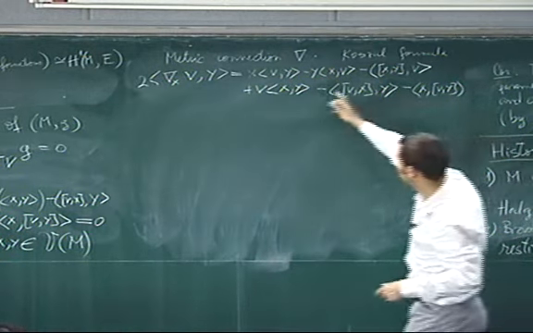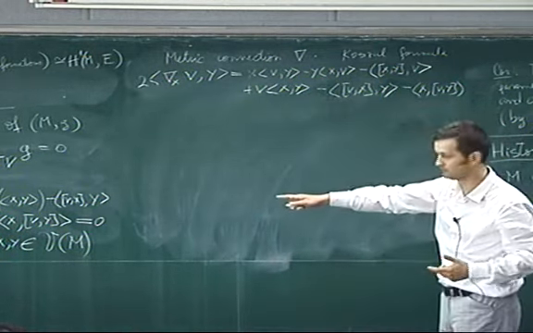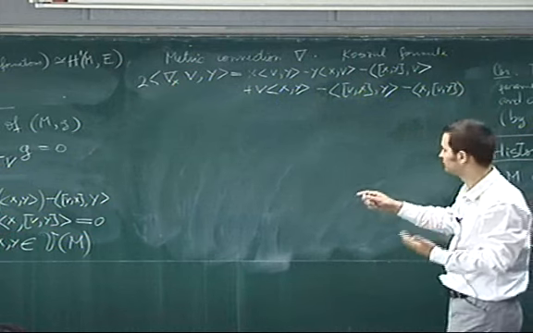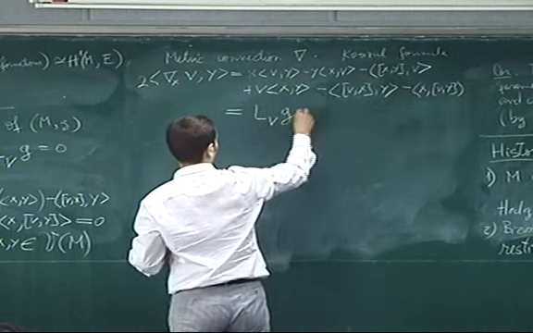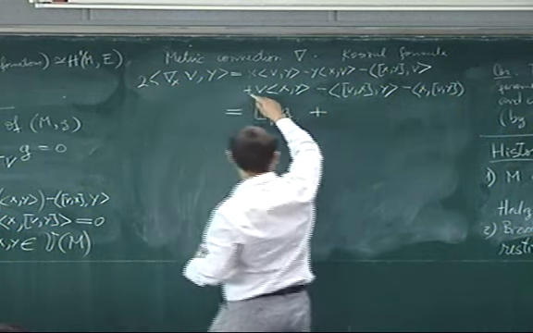But we notice that these last terms are just the Lie derivative of g in the direction of V. These are these terms here.